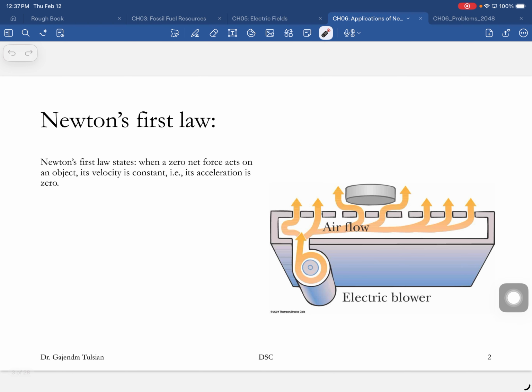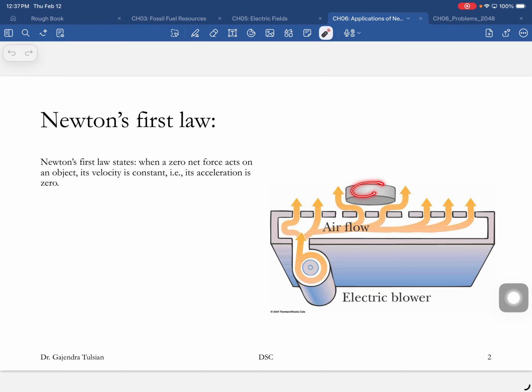Okay? So Newton's first law, we call it Newton's first law, even though Mr. Galileo discovered it. Okay? And what this law says is, if a net force of zero acts on an object, then its velocity will be constant.